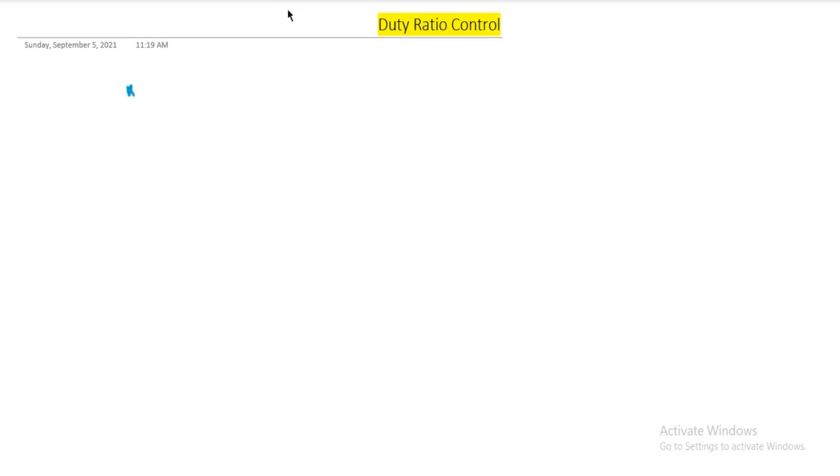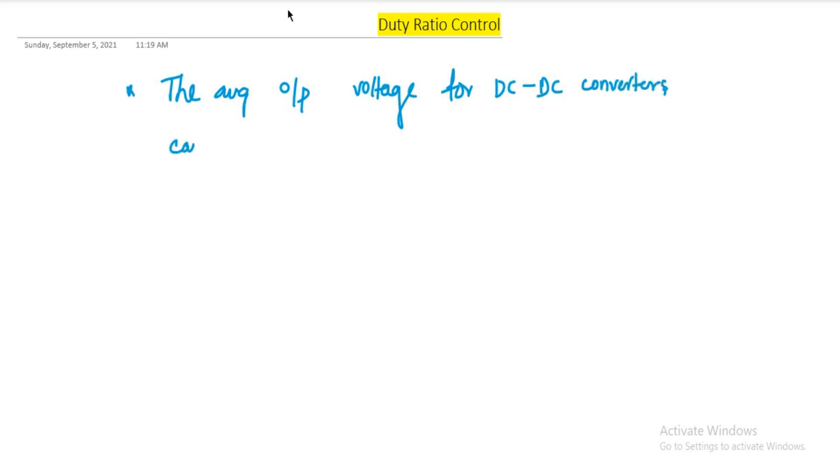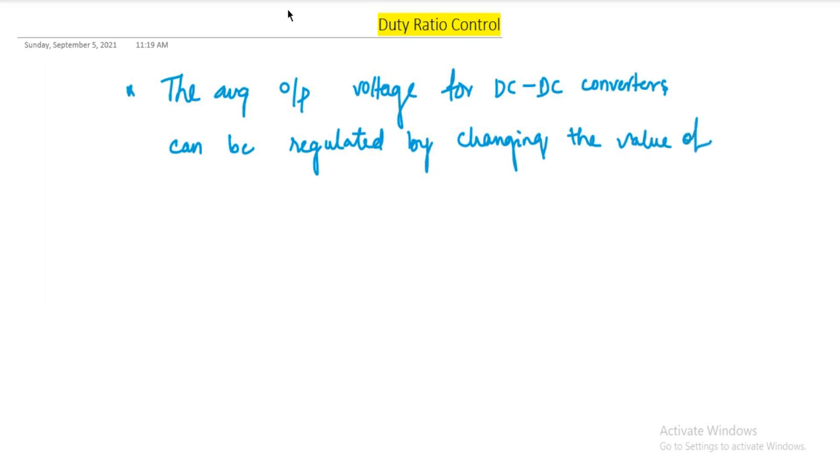We know that the average output voltage for DC-DC converters can be regulated by changing the value of duty ratio, right?